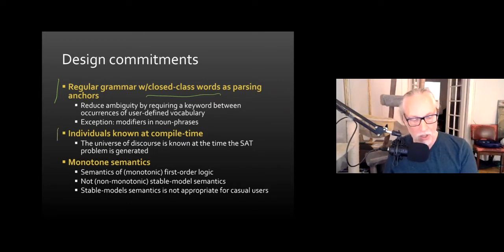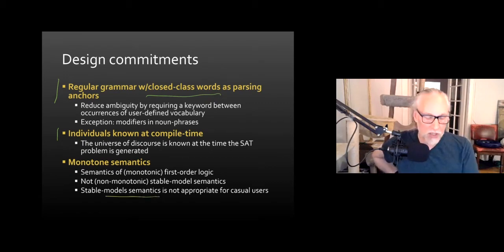We designed the knowledge representation language so that when we're in the process of compiling a query down into a SAT problem, we're going to go by way of first-order logic, and so the system needs to know at the time it's grounding things into SAT what all the individuals in the universe of discourse for the first-order theory are. That's not hard to do, but it is something that we did require.